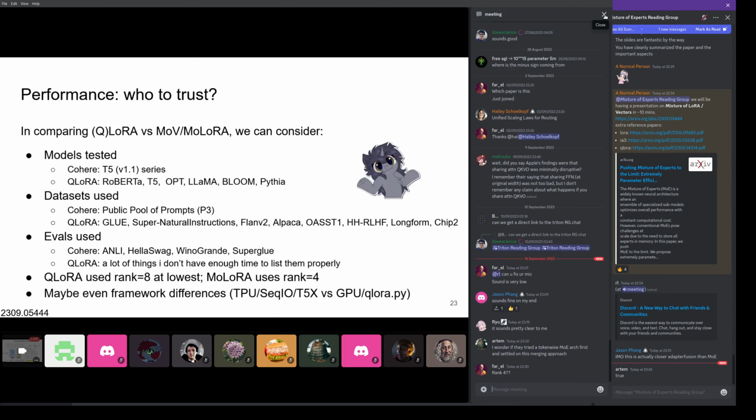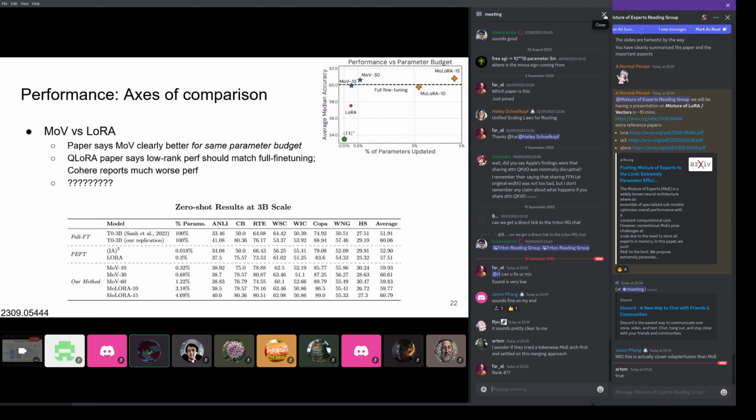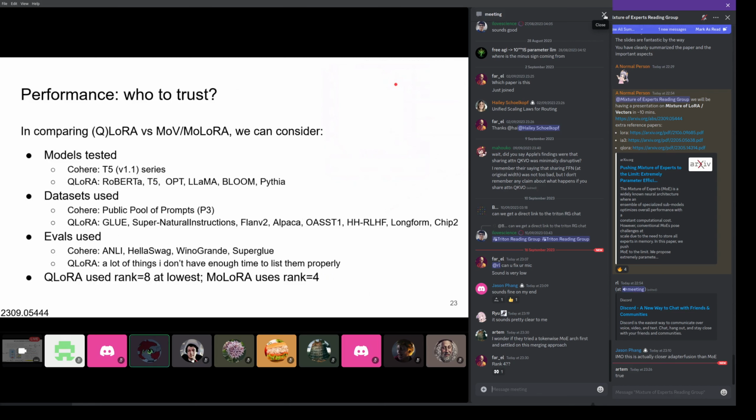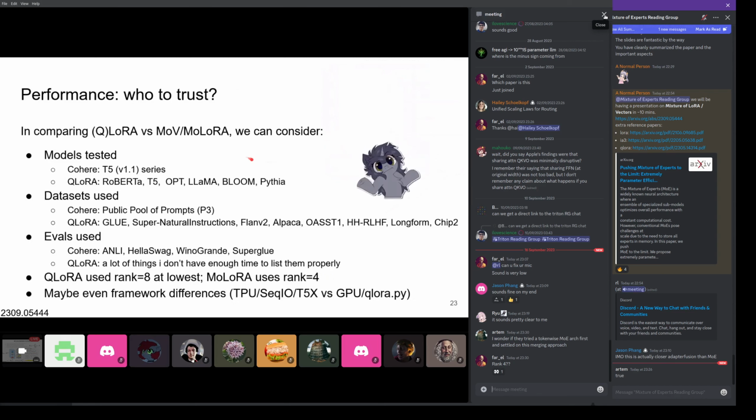So I do not know whether you should be trusting the results as published in this paper, which, again, remember, are claiming that low rank adapters perform much worse than full fine tuning, and mixture of vectors performs comparably with full fine tuning. And QLoRA claims that they perform as good as full fine tuning.